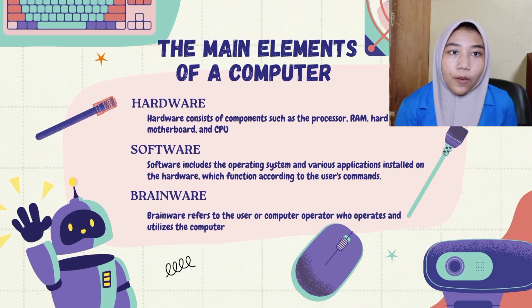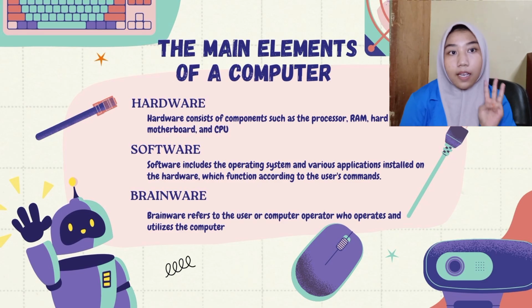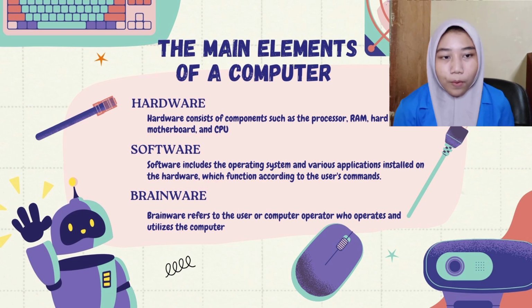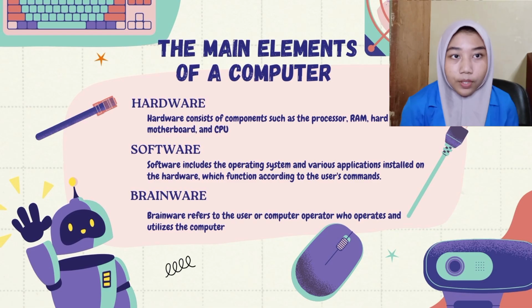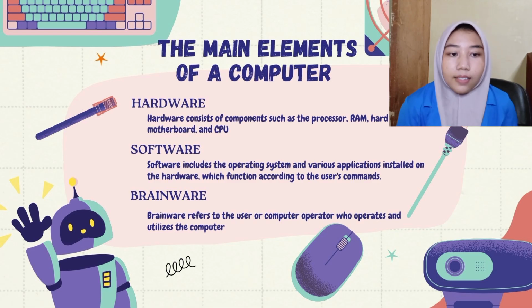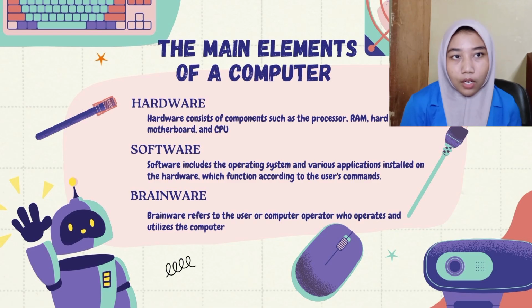A computer consists of three main elements: hardware, software, and brainware. 1. Hardware consists of components such as the processor, RAM, hard disk, motherboard, and CPU. These are physical parts you can touch and see. 2. Software.